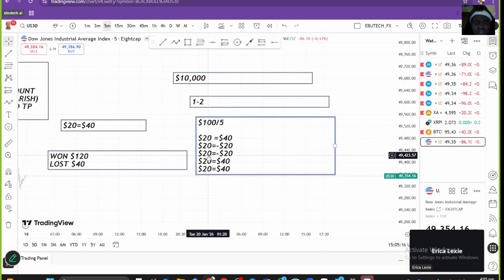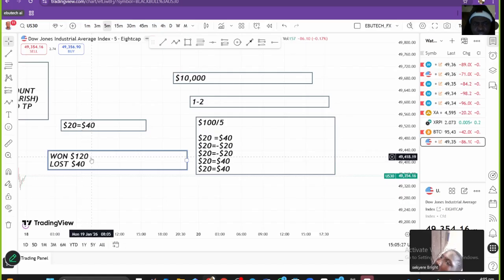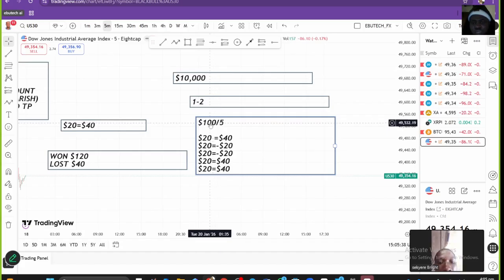Sure, you lost money. You lost 2 trades, which is $40. But after the 5 trades, you made $120. You made an extra $20 out of the $100 that you risk. Do you guys understand what I'm saying?